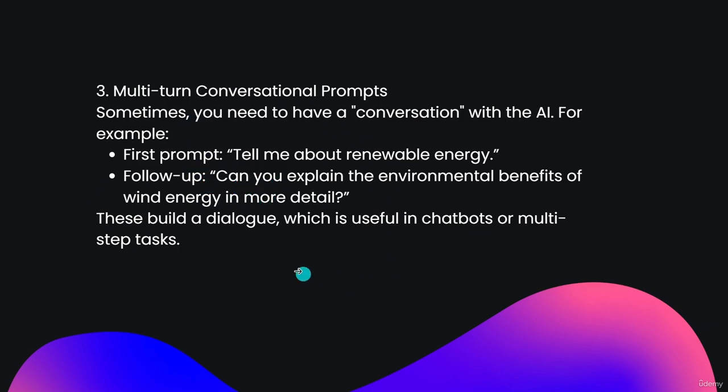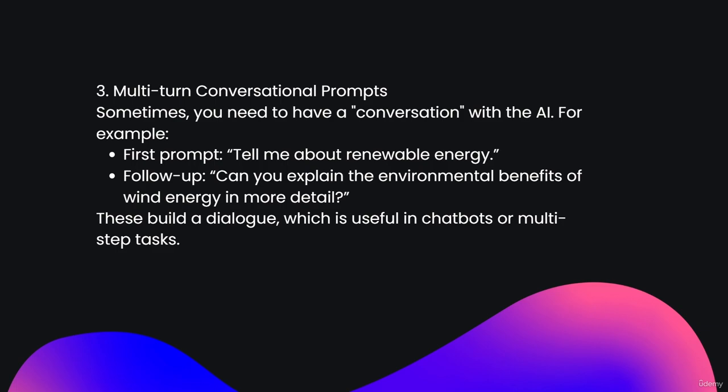After that, you can have many follow-up questions. You can write a third follow-up question, a fourth, a fifth, as many as you want. This is called multi-turn conversational prompts, in which you talk with AI in a conversational format, like chatting with our friends, family members, and colleagues. Once we write some text, they reply, and then we ask a follow-up question.